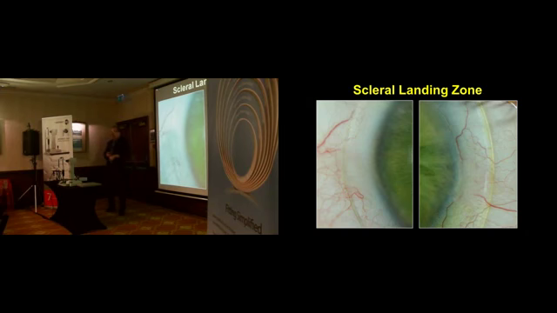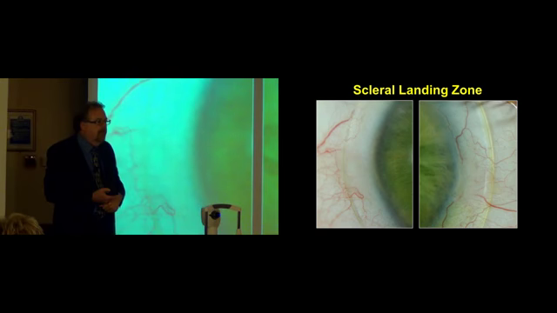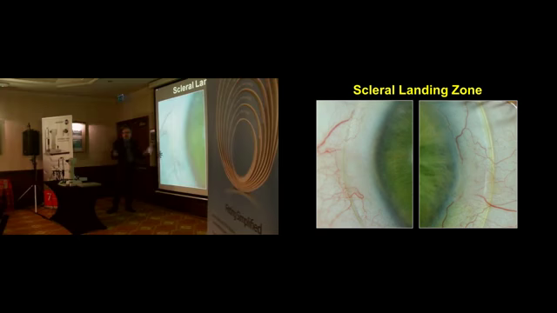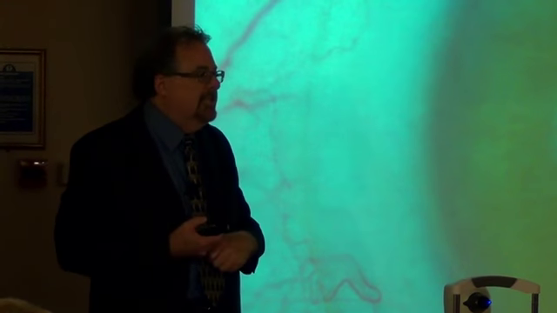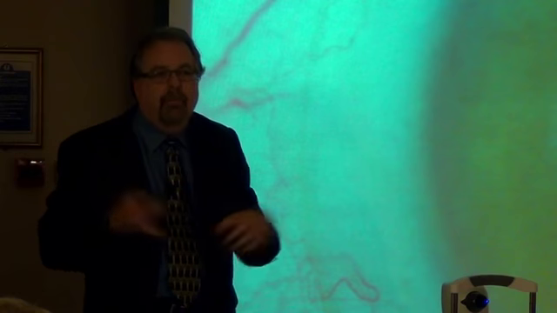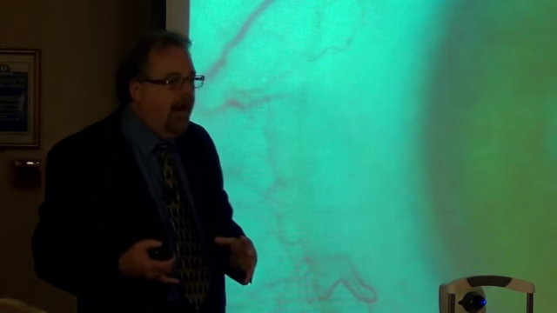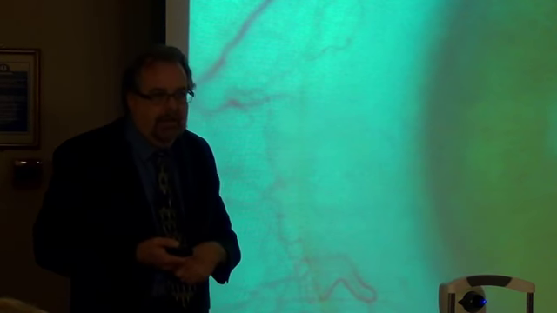Now, this is why when you're fitting scleral lenses, you'll want to apply the contact lens and then let the patient sit out in the waiting room for an hour, 2 hours, as long as you can.